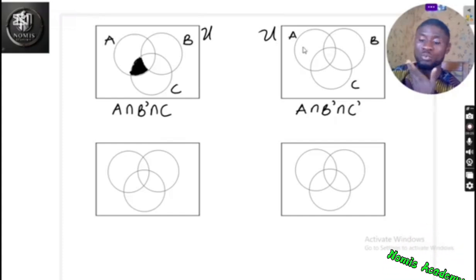Then we'll be left with just the side of A. So we only shade this particular part.